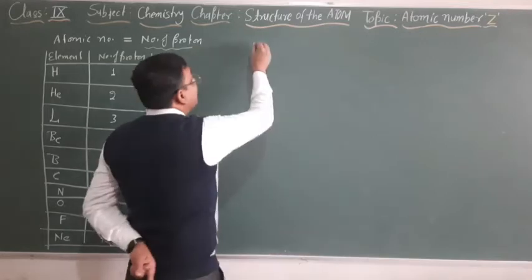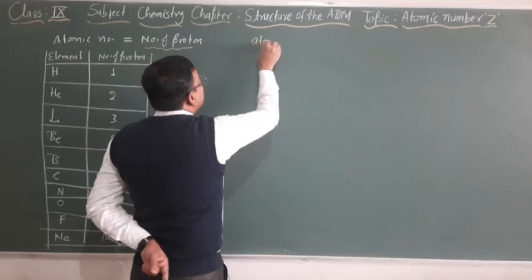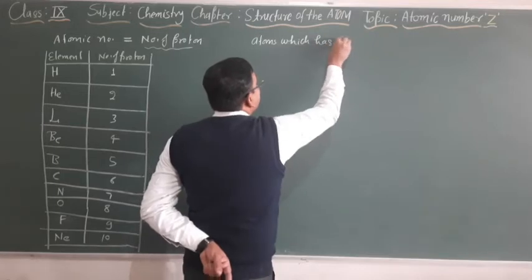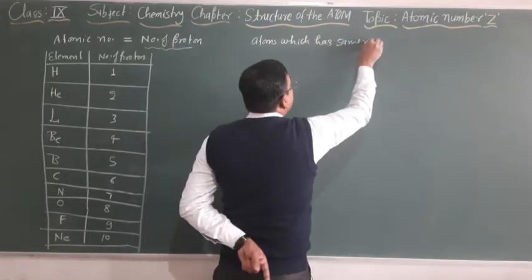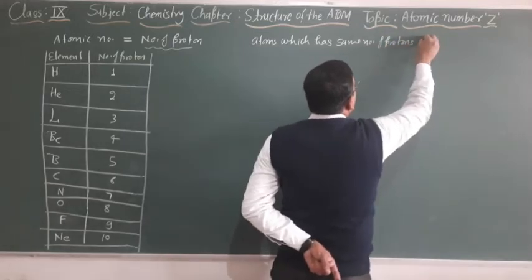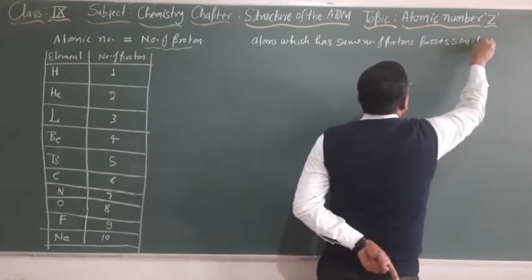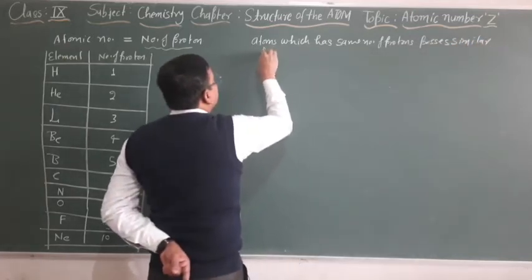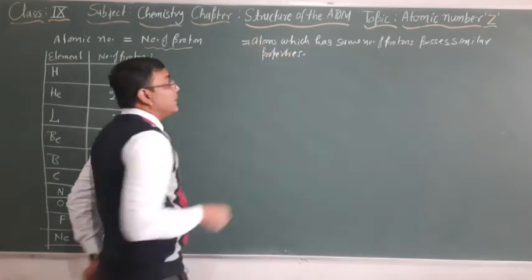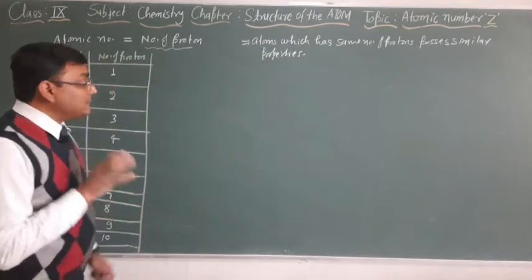So we can write here: atoms which have the same number of protons possess similar properties. So we group them as the same atom, we call them the same atom. Clear? So those are the same atoms.